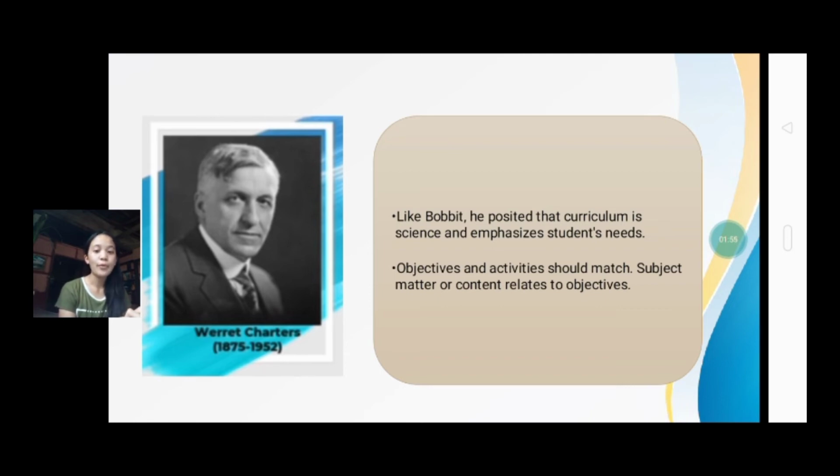Charters' most significant contribution to the field of curriculum development came in the form of his activity analysis approach to curriculum construction. Activity analysis essentially involves a specification of tasks or activities involved in any social activity.